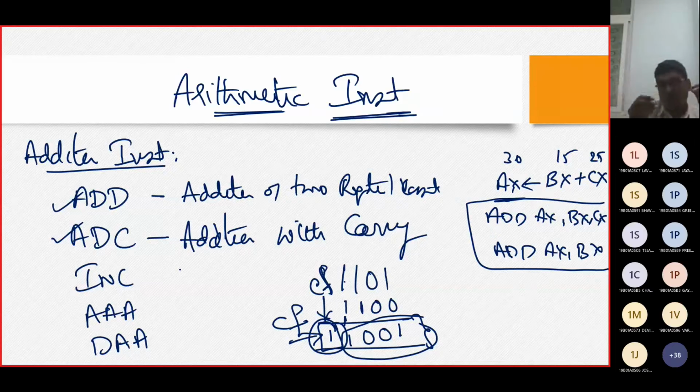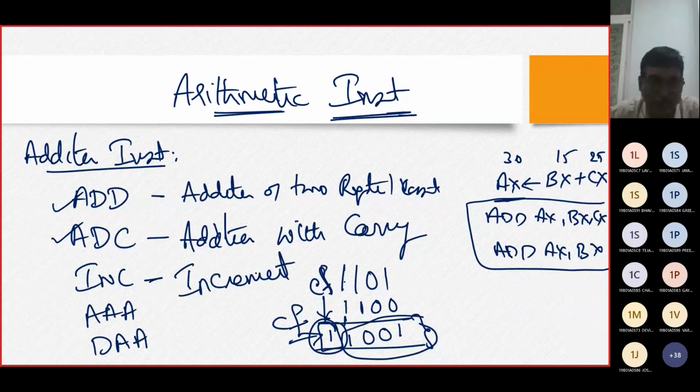Now if I want to consider the carry, then we say addition with carry. If I don't want to consider the carry, I just want to add 2 numbers, that's all. At that time the answers may or may not be affected, irrespective of the user. So at that time he is going to use an addition instruction. But if he is going to use the carry element, then obviously he is going to use addition with carry.